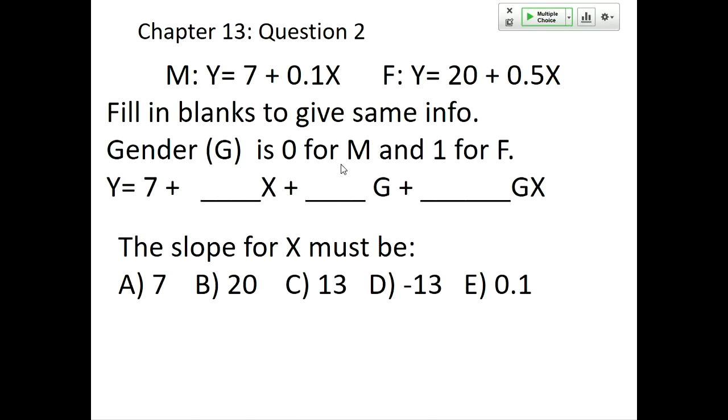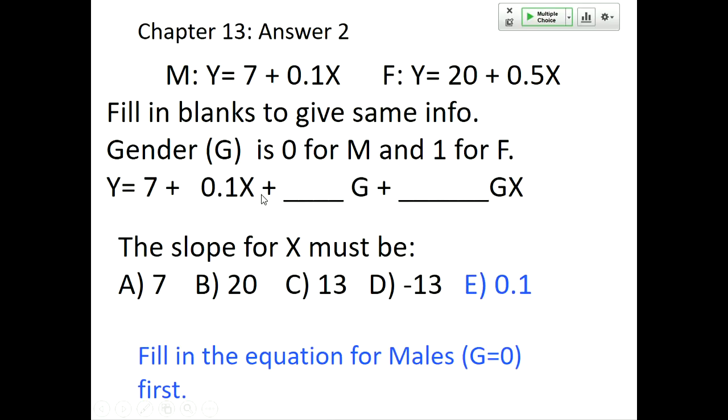I switched the order of these. Does anybody have a question? So that's the answer, filling the equation for males when G is 0. That's the easiest way to do it: males first, get rid of that, and then this is the equation we want to match. Now we're going to work on when G is 1.